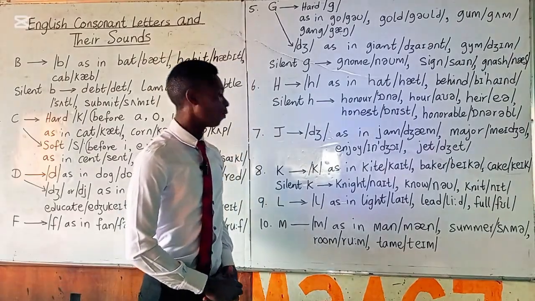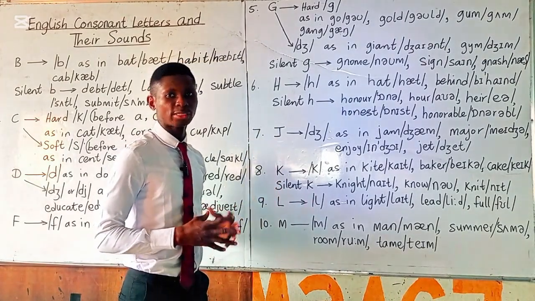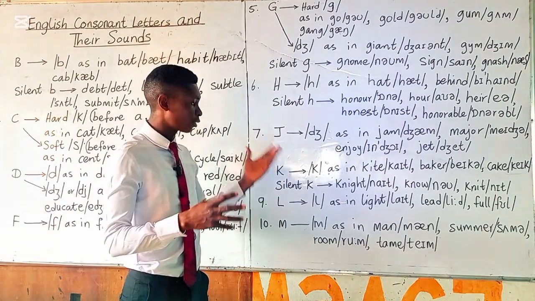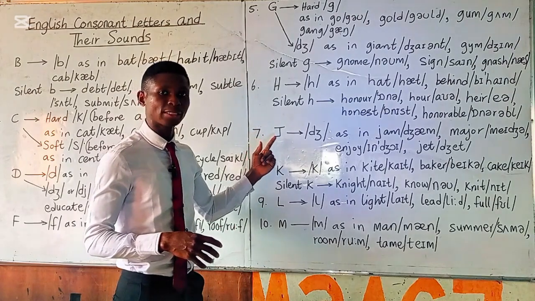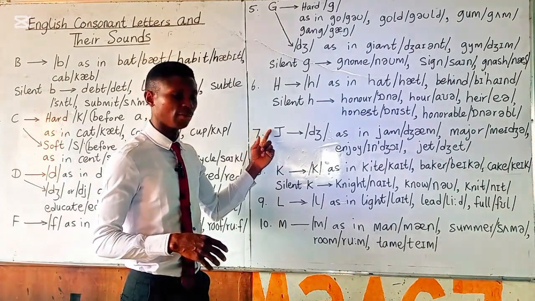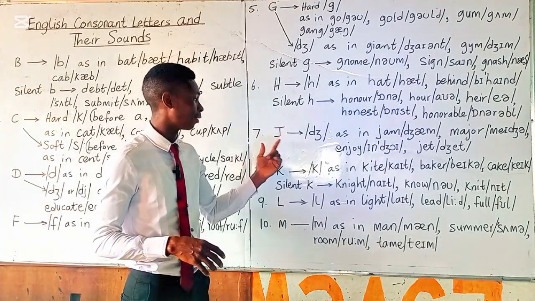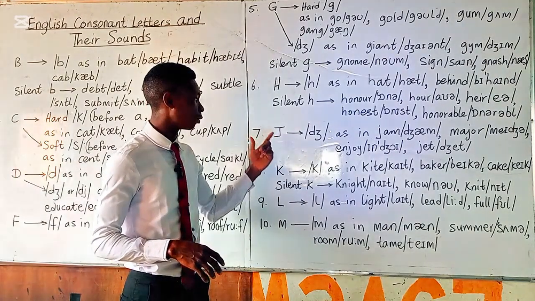Right. Then we have letter J, which is most times very confusing for students. Sometimes students think that this particular letter represents the sound that looks like it, which is the Y sound. But that's not true.